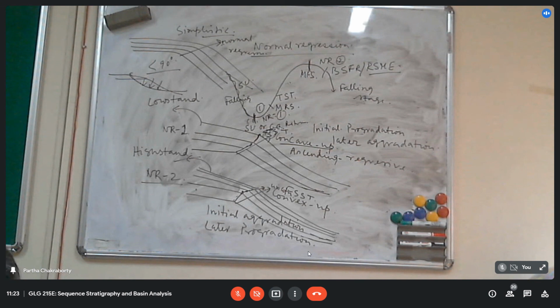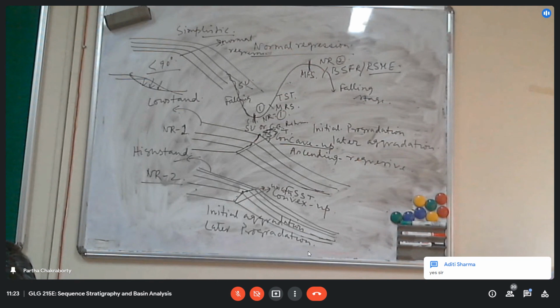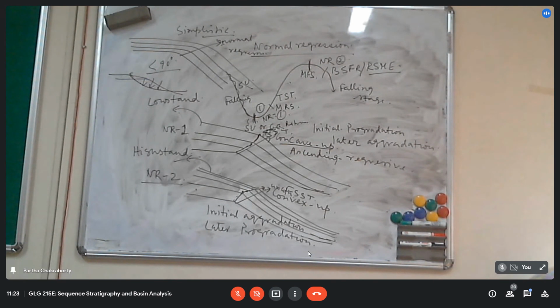I'll check that if you don't have any book. Aditi, do we have the soft copy of the Catuneanu book? They are not having any sequence stratigraphy group, so we can send that soft copy in their group mail.